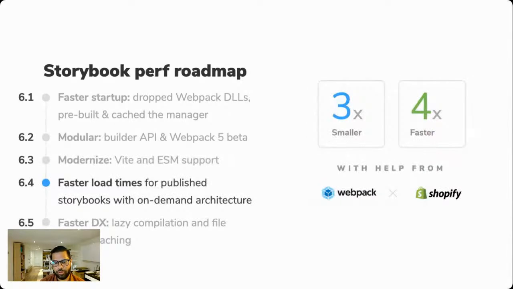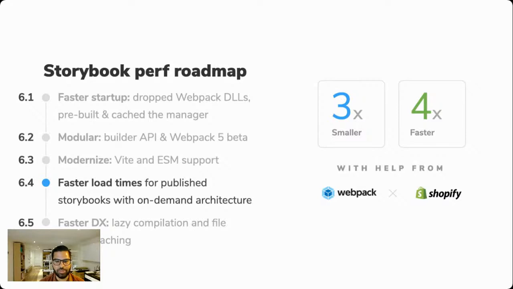So in 6.4, we worked with the Webpack and Shopify UX engineering teams to improve load times for published storybooks. These are storybooks that you generate by running npm run build-storybook, the static asset, and then uploading it as a website. In 6.4, we introduced something called on-demand architecture, where Storybook under the hood started using code splitting to only load the code that's required for the first render.